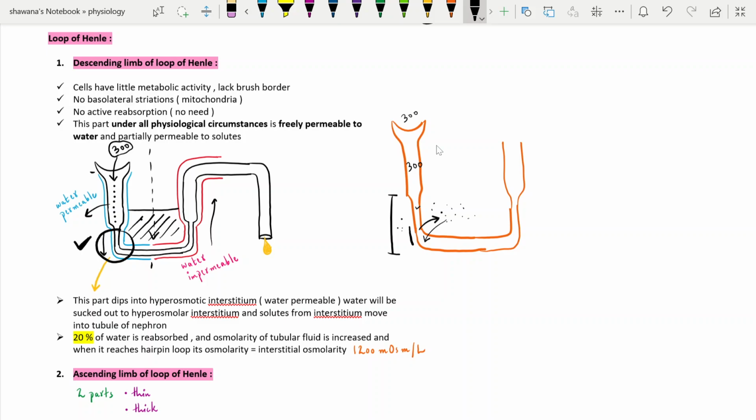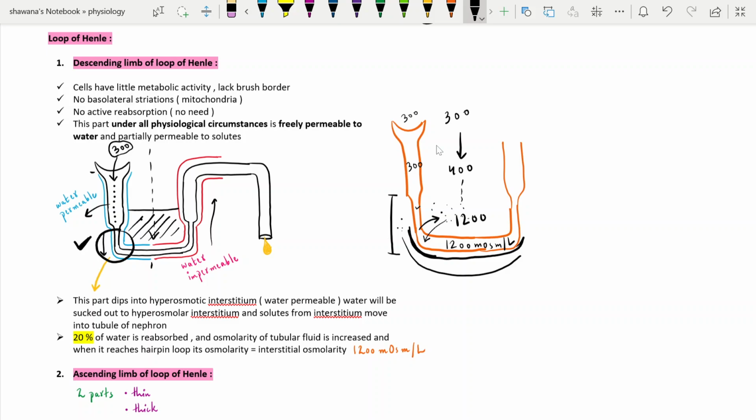A point comes when the hairpin loop starts to form. The medullary interstitium also has 300, and it starts to increase from 300 to 400 and up to 1200 milliosmol per liter. At the point where it starts to twist and form the hairpin loop, the osmolarity inside the tubule also becomes 1200 milliosmol per liter.